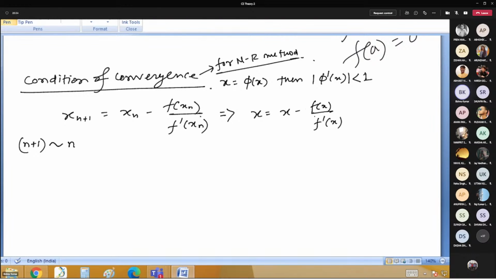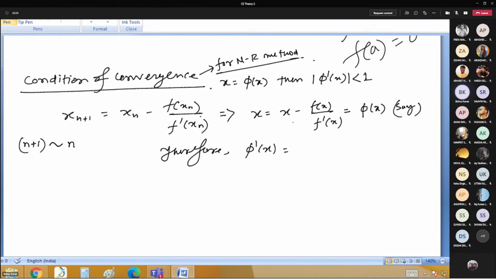The right-hand side you just call phi(x). So your phi(x) is x minus f(x) by f dot (x). So what is phi dot x then?